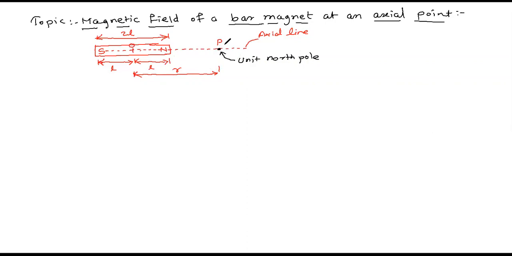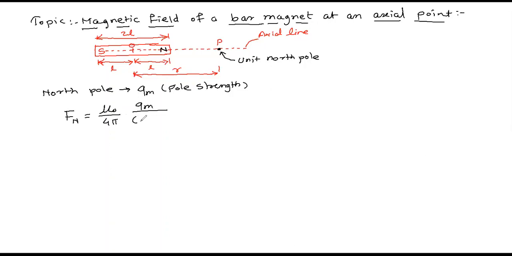Then from Coulomb's law of magnetic forces, the force exerted by this north pole, which has pole strength Qm, on a unit north pole, we can write as Fn equal to mu0 upon 4 pi, Qm upon (r minus L) whole square, and its direction is along Fn.